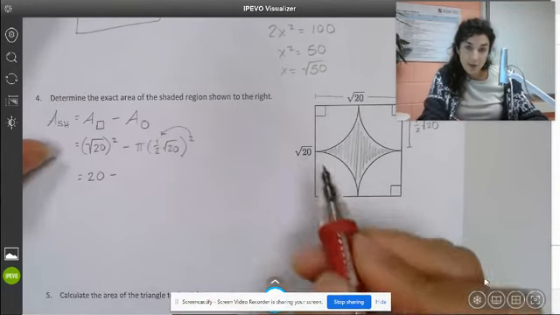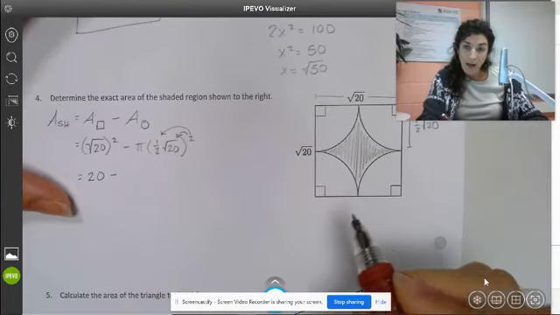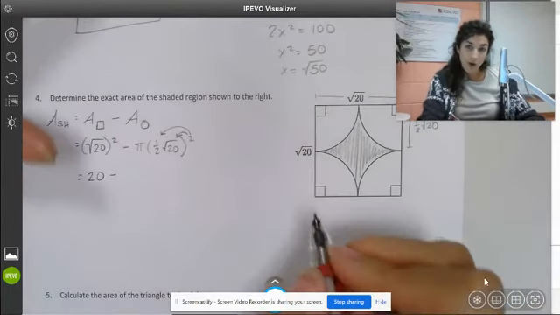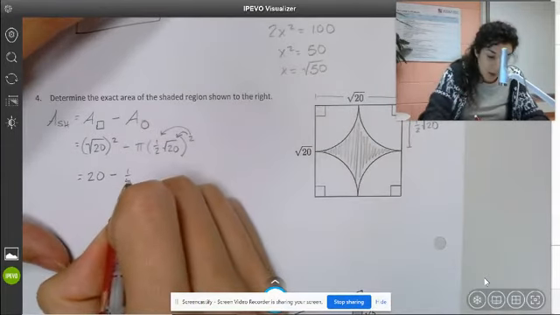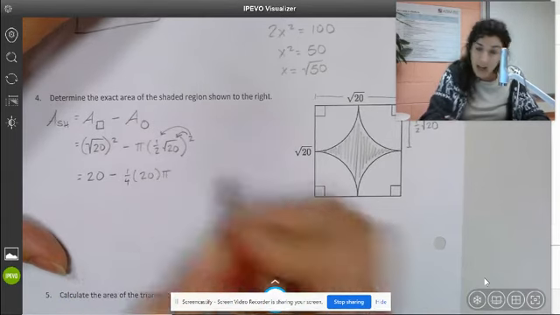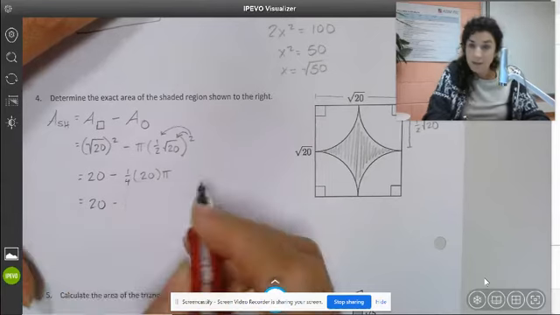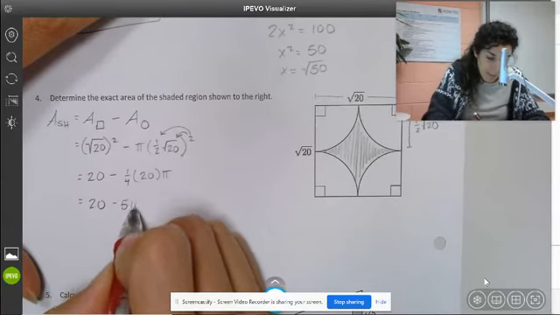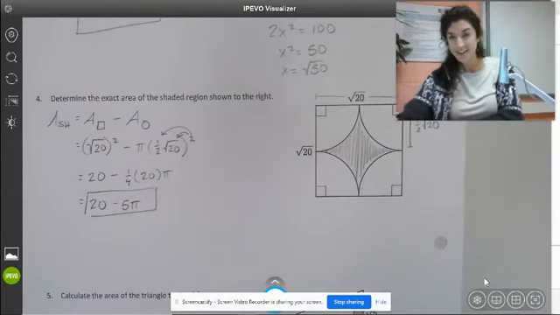That squared piece has to multiply to the half as well as the square root of 20. 1/2 squared is 1/4. It's 1 squared over 2 squared, so that's 1/4 times square root of 20 squared is 20, times pi. One more simplification gives us that 1/4 times 20 is 5, so it's 20 minus 5 pi is our exact answer here.